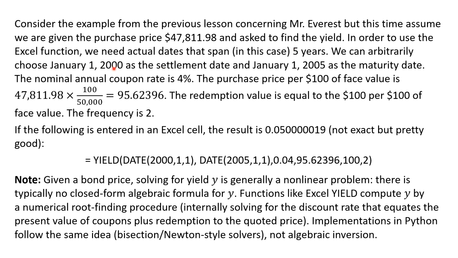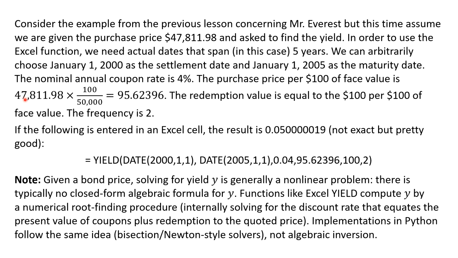So we'll just pick two dates. I use January 1st, 2000 and January 1st, 2005 as the maturity date. And we were told in the example the coupon was 4%. Then we need to compute the purchase price as a percentage of the face value.